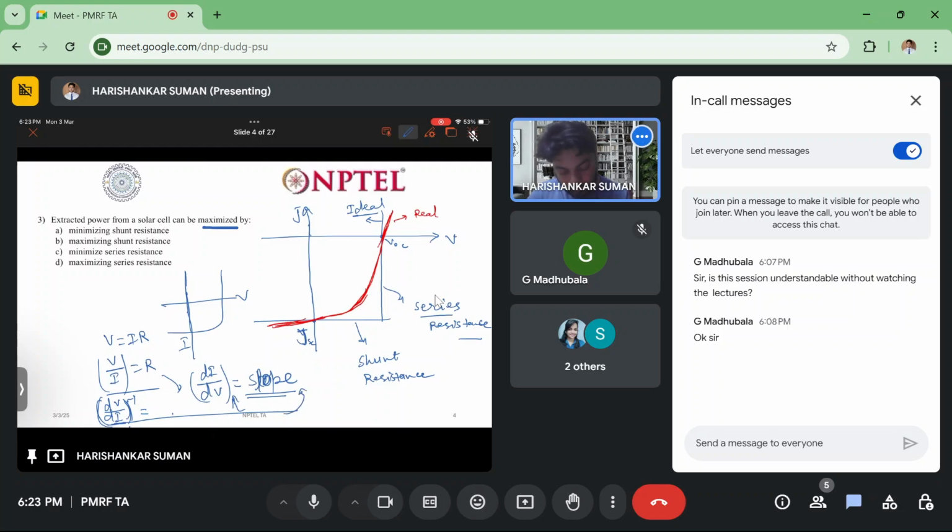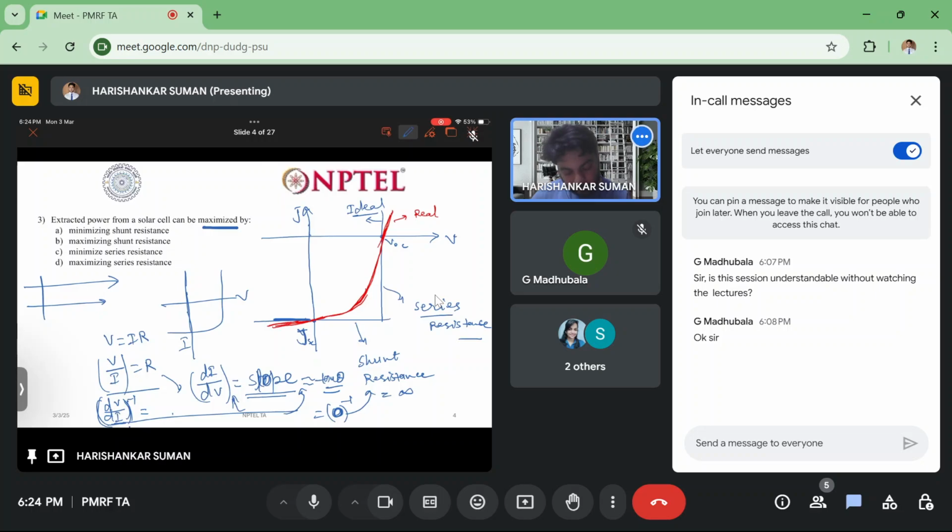Okay. So for the side parallel to the x-axis, the slope will be tan theta, and theta is 0 here, so the slope is 0. The inverse of 0 is infinite.